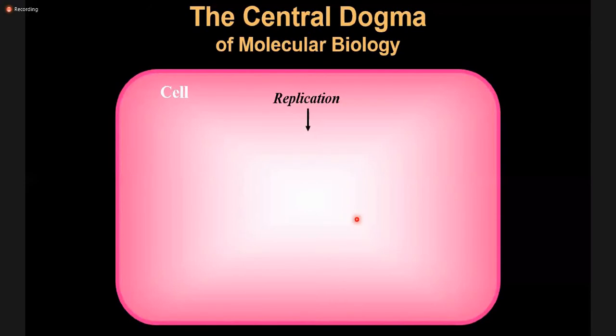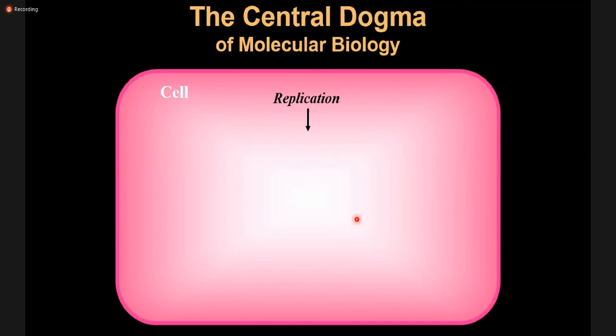Now, coming to the central dogma of molecular biology. The central dogma of molecular biology is a principle or a hypothesis that says that the genetic information flows from the DNA to the RNA and then to the proteins. So there are three processes which are involved in this transfer of genetic information.